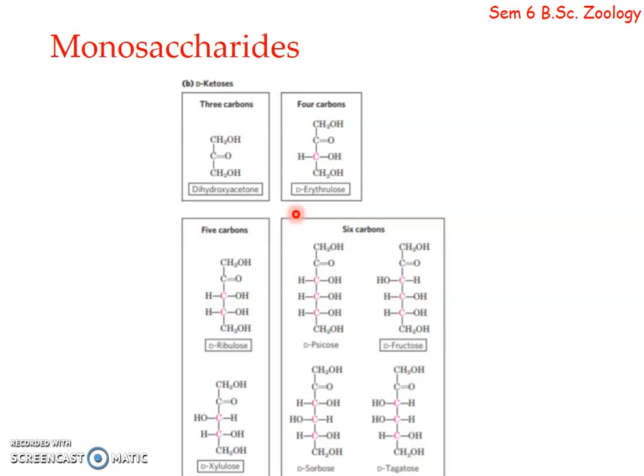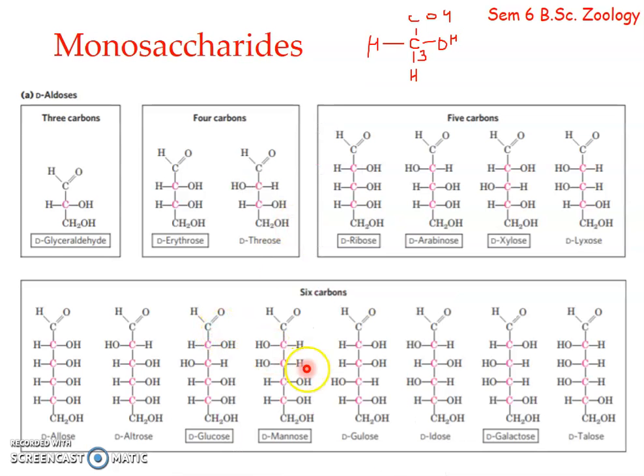Okay, so these are the different molecules, and here what you are supposed to learn is the structure of glyceraldehyde, the triose, then erythrose, which is again an important molecule. All these molecules which are given in squares are very important. Another thing we can see is ribose.